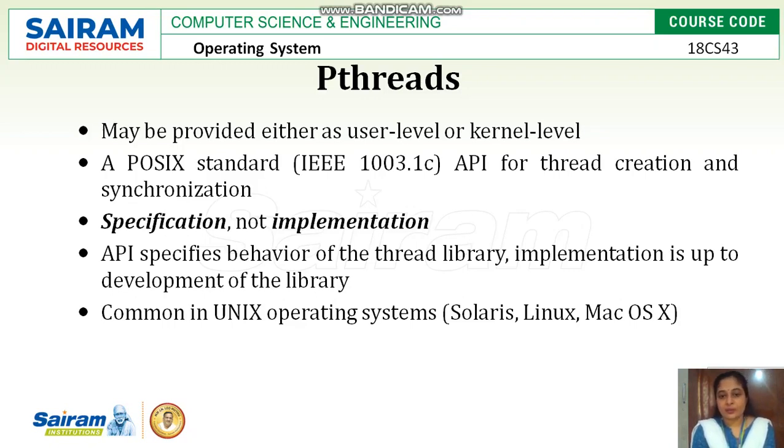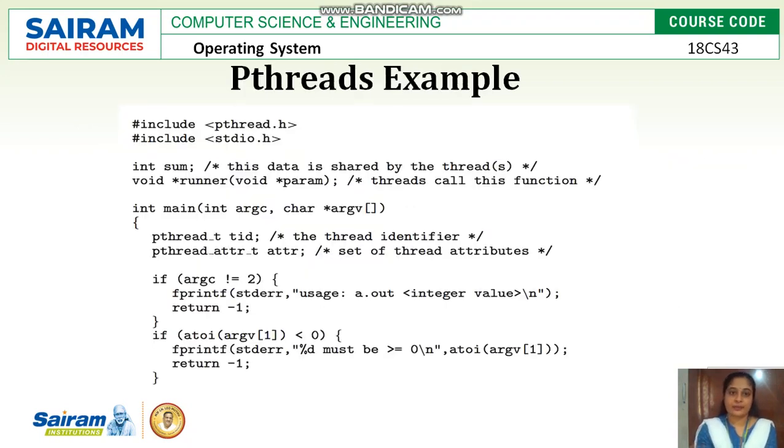It is common in Unix operating systems like Solaris, Linux, and Mac OS, which make use of the pthread library. So this is an example of the pthread library and how it is used for creating multiple threads. Let's consider we are building some application.